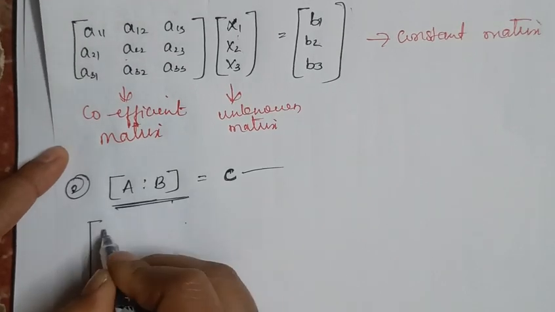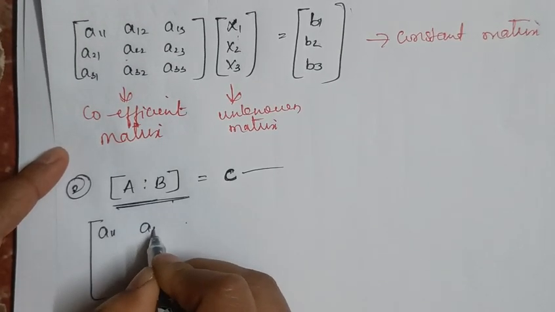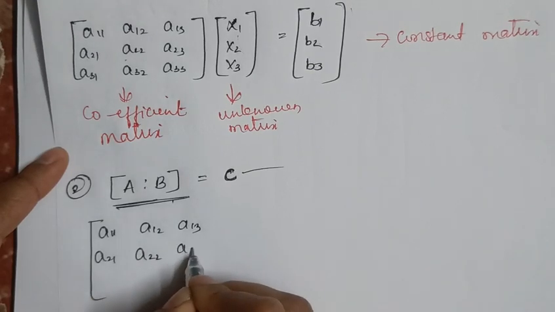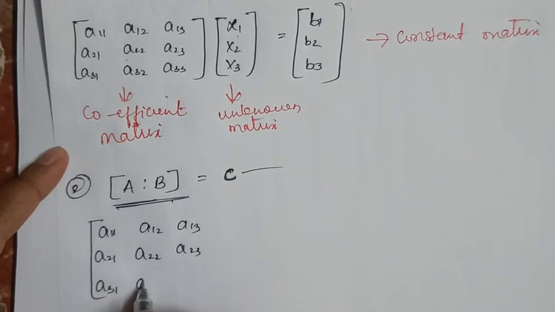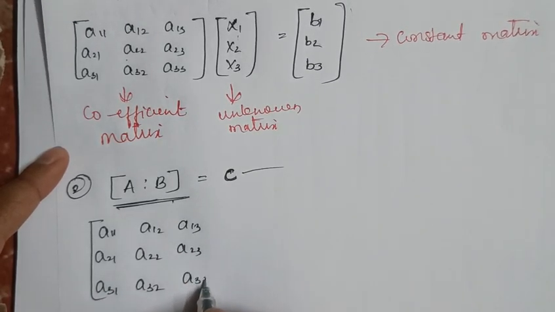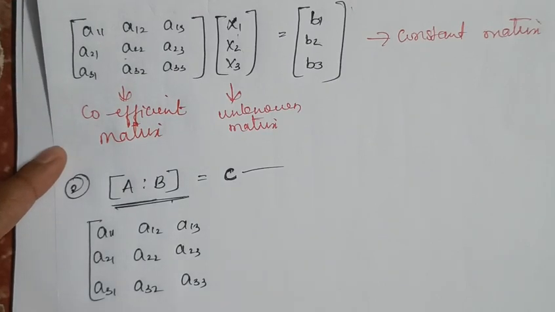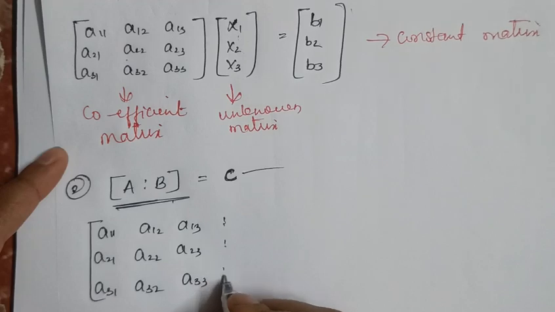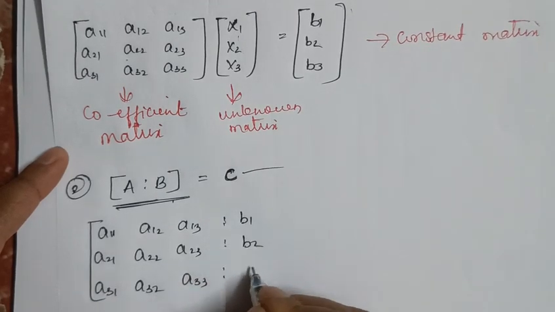So I'll write the augmented form: A11, A12, A13, A21, A22, A23, A31, A32, A33. Now I have to write here all the B's: B1, B2, and B3.